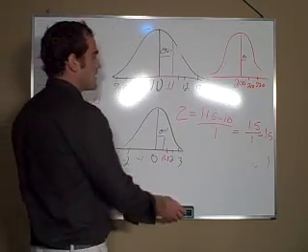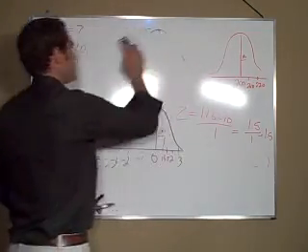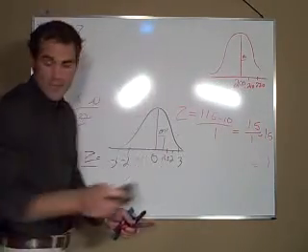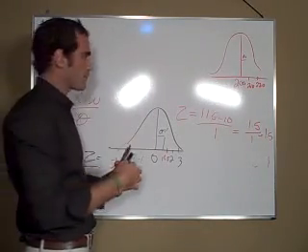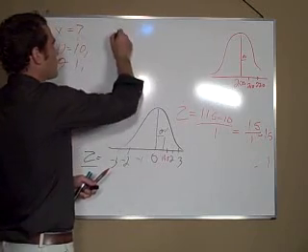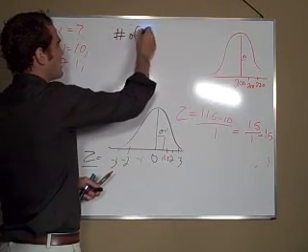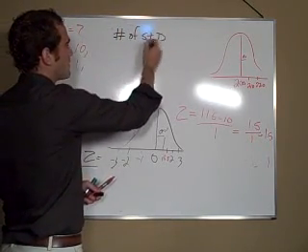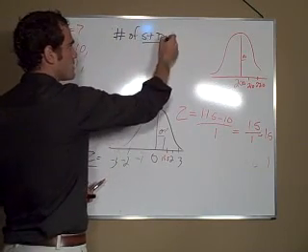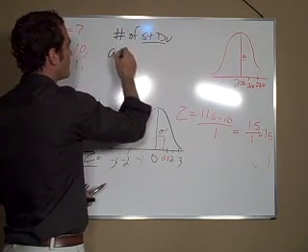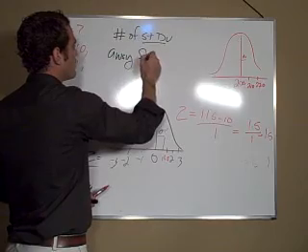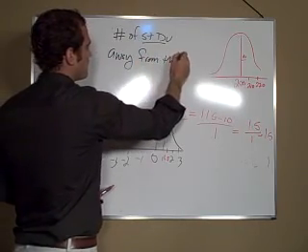Now, a z-score, or a standardized score, is just the number of standard deviations away from the mean.